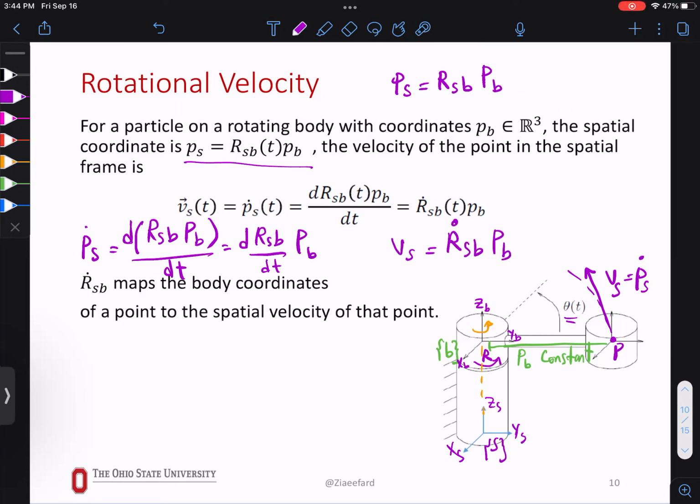If you have the position in one frame and you want the velocity in the other frame, all you have to do is grab the rotation that you already found and differentiate it with respect to time. If you're programming this, you only need to find your rotation matrix once. Then you have all the positions and all the velocities in your new frame. Make sense?